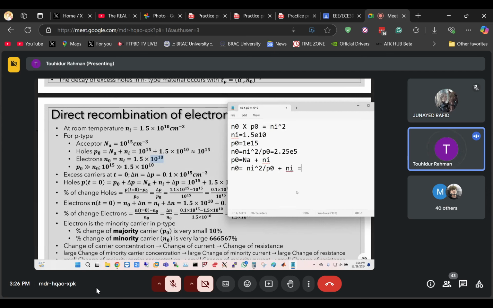Now if I put down all the values here, 2.25 e to the power 5 plus Ni. Does everyone understand why I wrote Ni here? No, sir. Okay, so total number of carriers is this, and total number of electrons is this.